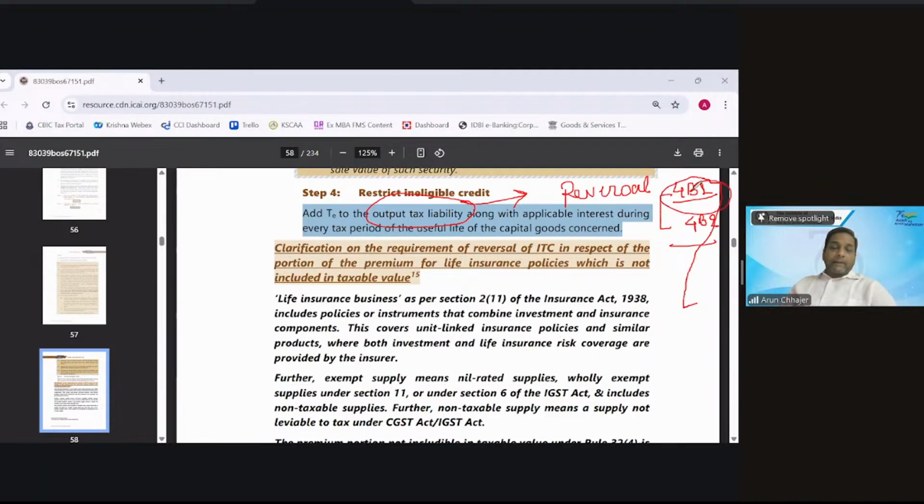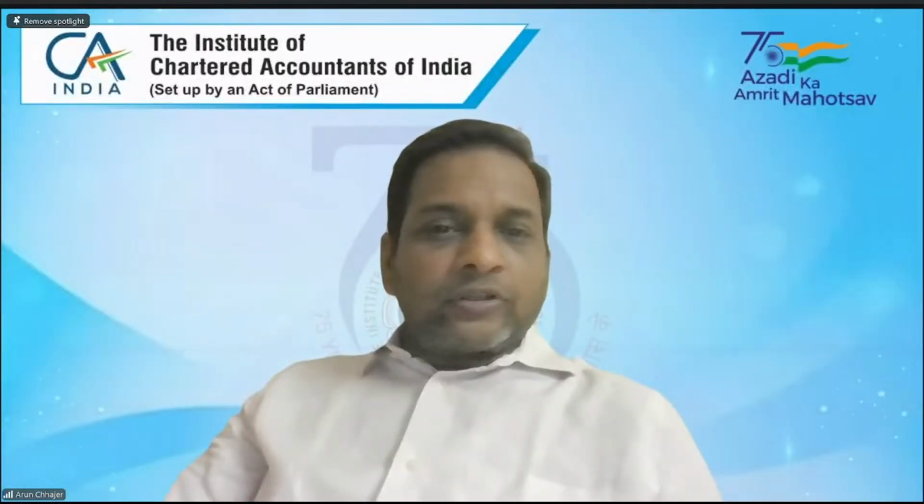One is permanent reversal and the other is temporary reversal. For permanent reversal, they have given the name Rule 42, 43, 17(5) and blocked credit.